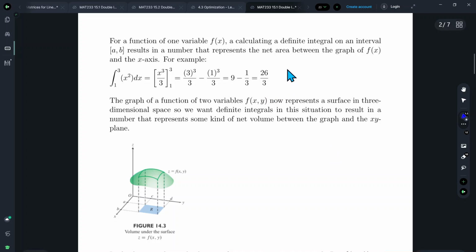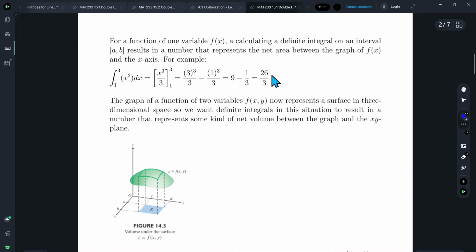Okay, so now we're ready to introduce double integrals. If you remember back to Calc 1, when you calculate the definite integral of a function f of x, the result of the calculation is just a number.